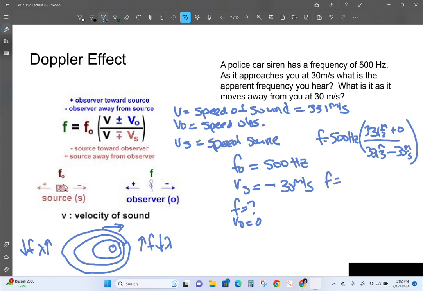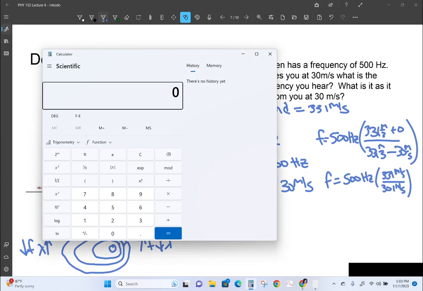So f is going to be 331 divided by 301 meters per second, times that frequency.